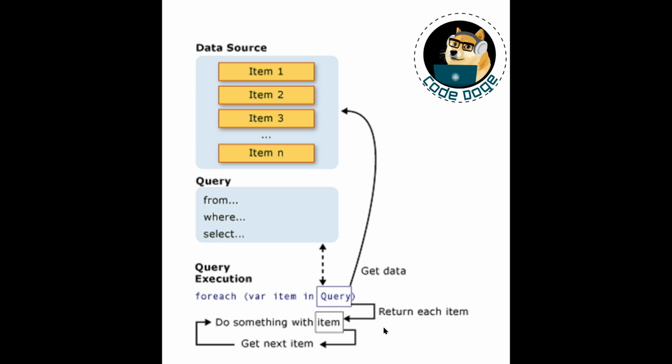That's the moment that C# will actually run your query, gather the results, and give you those results to utilize in some way or form. This is also known as deferred execution, which basically is saying the query is materialized and executed when you iterate using the foreach loop.